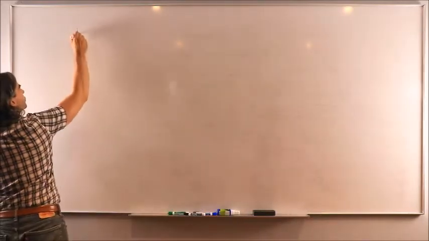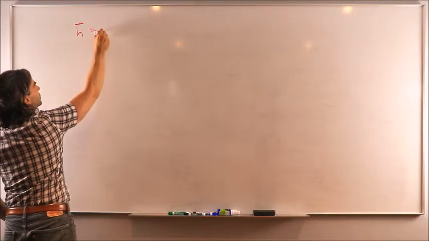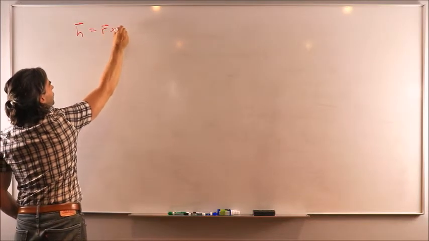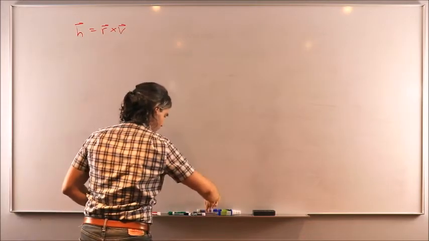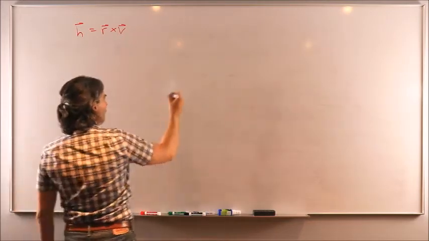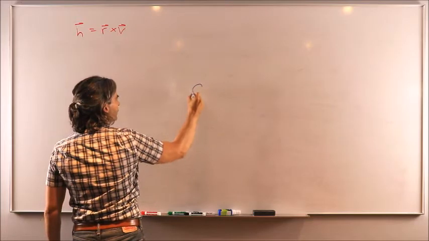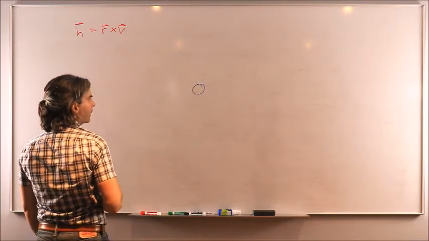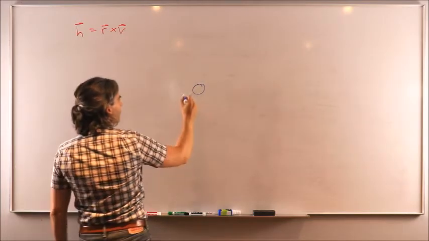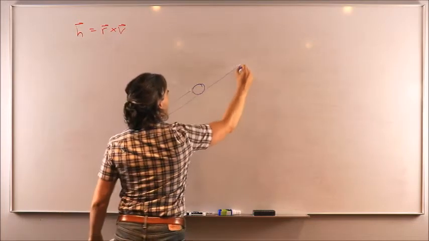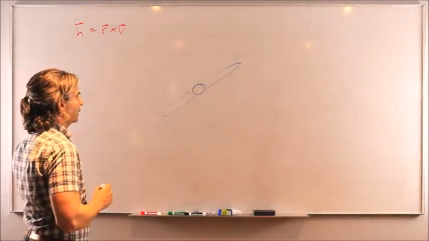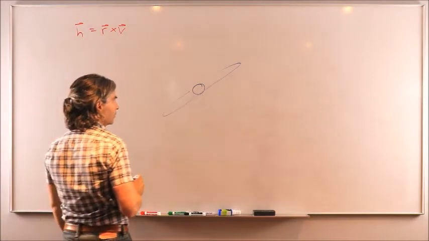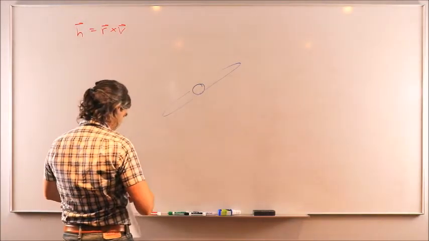So let's first remember what was our h equal to r cross v. Say you have your planet, the Earth here, and the spacecraft orbits around it. A big orbit like that, a highly elliptical orbit. Okay?